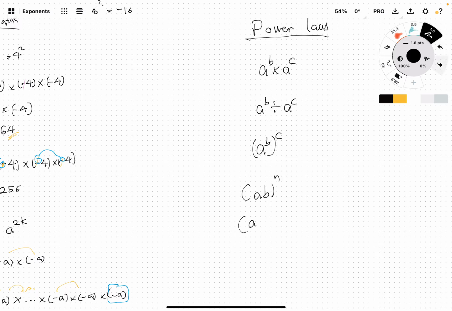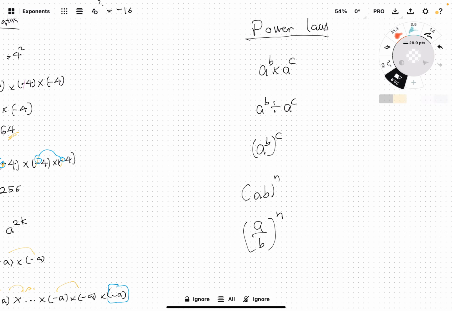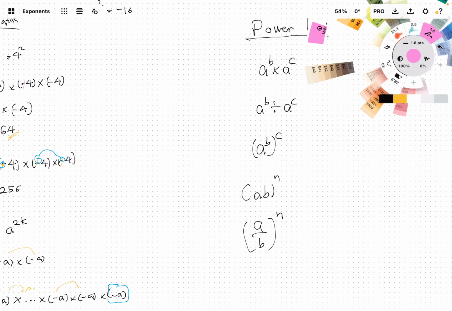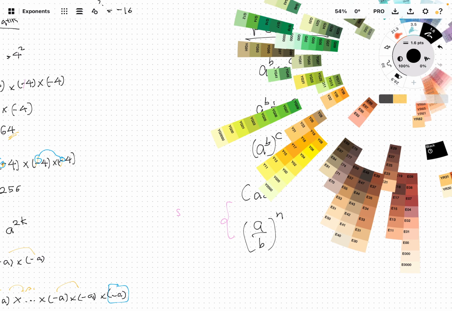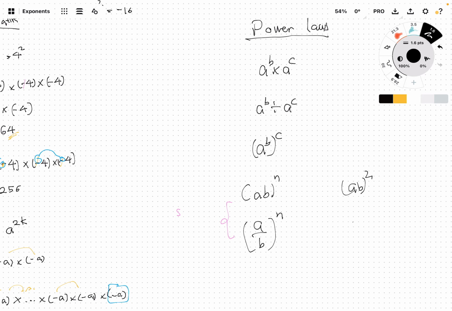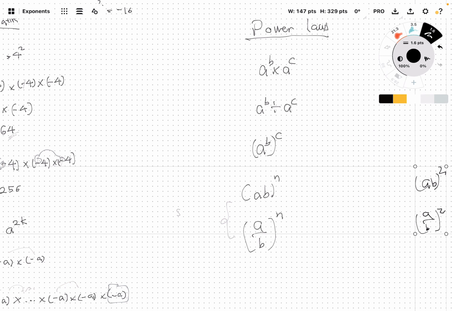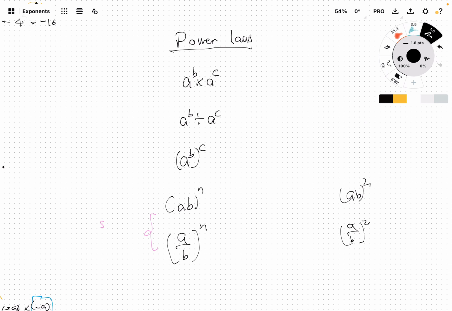Although we saw stuff like this before. These two are quite similar to the square laws we talked about, because remember, a times b squared and a over b squared. It's basically the exact same thing with higher powers. But these first 3 are very important, and they're a bit more unique.